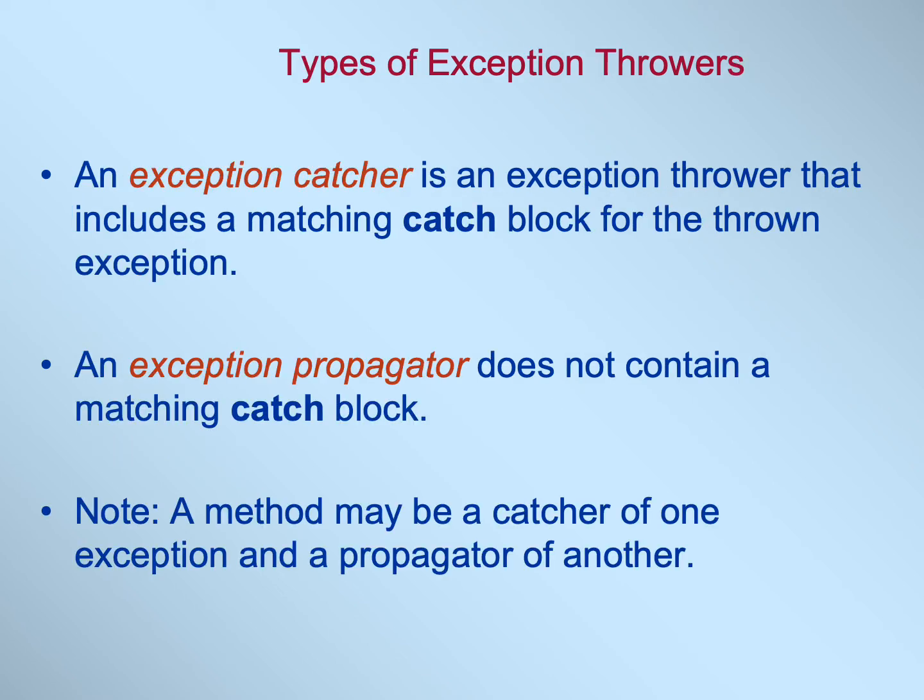Types of exception throwers. An exception catcher is an exception thrower that includes a matching catch block for the thrown exception. An exception propagator does not contain a matching catch block. A method may be a catcher of one exception and a propagator of another. It is possible to throw an exception from our own method.